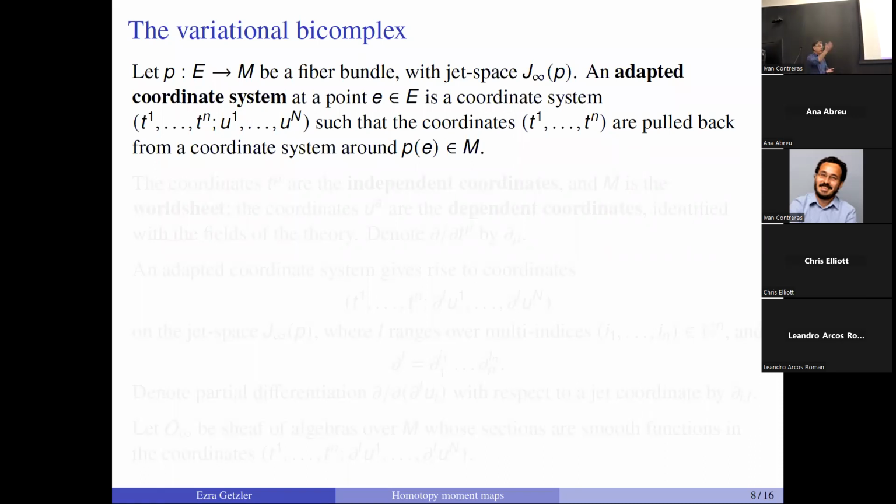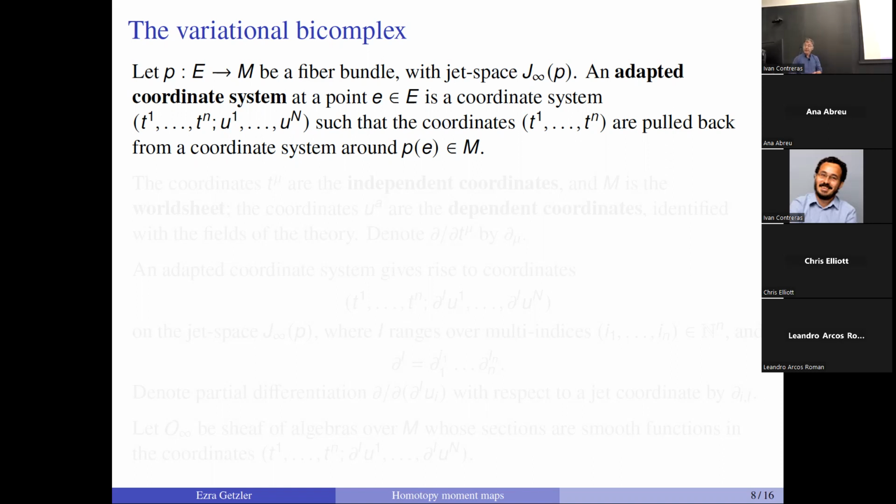And then the vertical coordinates, U1 up to U capital N, they're just labeling the fields, if you like, of the theory. And of course, ultimately, they can have Z grading, internal grading, Z mod 2 grading, and be even or odd. We can have some graded supermanifold. But for now, I'm just going to have a manifold of fibers.